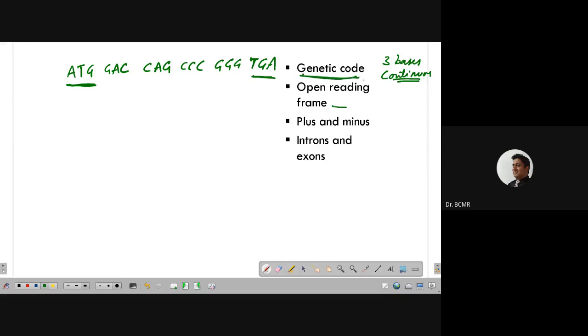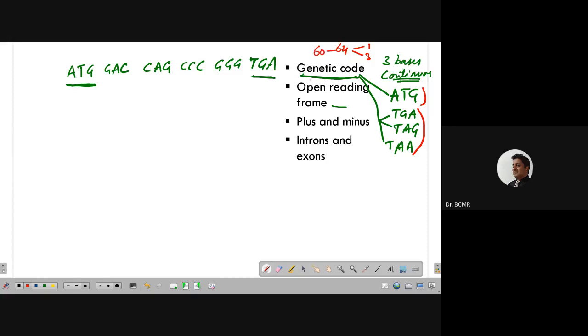ATG is the start codon, and there are 3 stop codons: TGA, TAG, and TAA. So there are 3 stop codons and 1 start codon. There are a total of 64 codons, out of which 1 is start and 3 are stop codons. The remaining 60 code for amino acids.